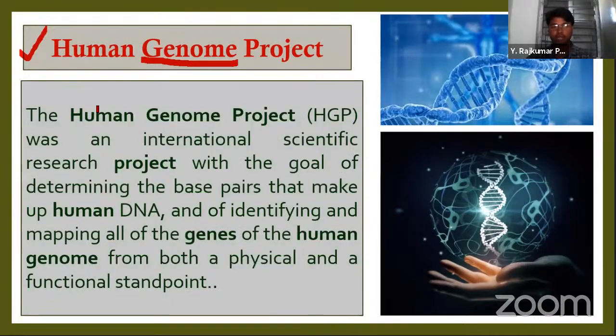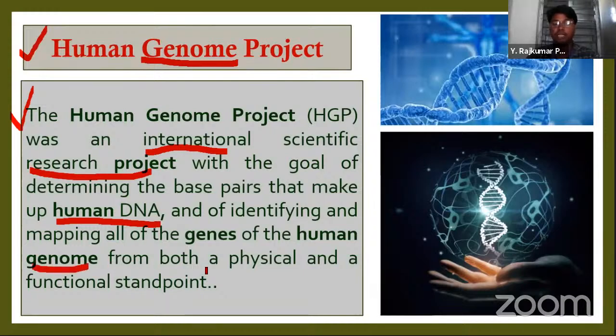You see what is meant by the Human Genome Project now. It was an international scientific research project with the goals of determining the base pairs that make up human DNA and of identifying and mapping all the genes of the human genome from both physical and functional standpoints.